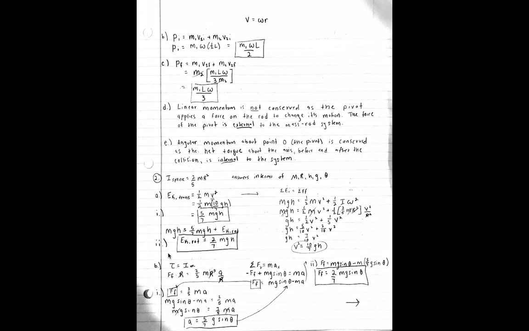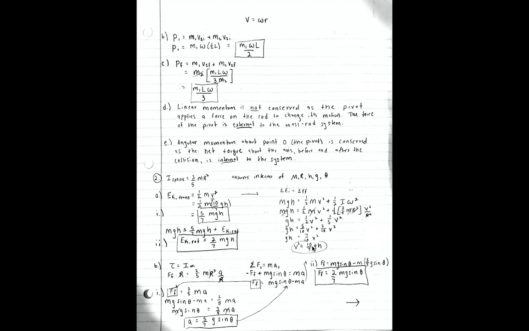We need to find an expression for V in order to plug in. In part A sub I, we're asked to find the translational kinetic energy. In A sub II, we want the rotational kinetic energy. In order to get expressions in terms of those variables only, we first have to use the conservation of mechanical energy in order to find an expression for V squared.